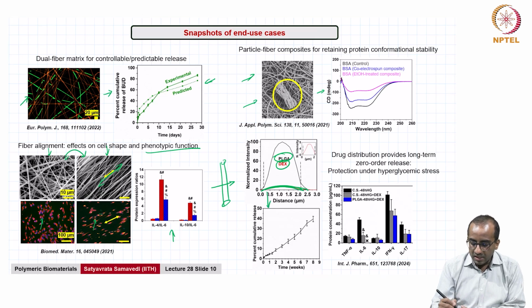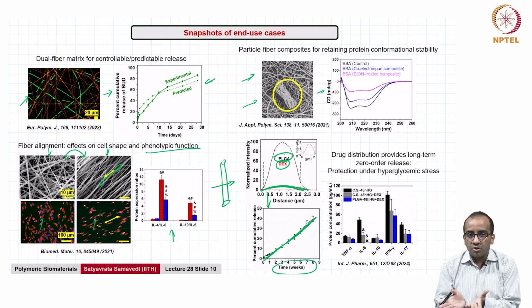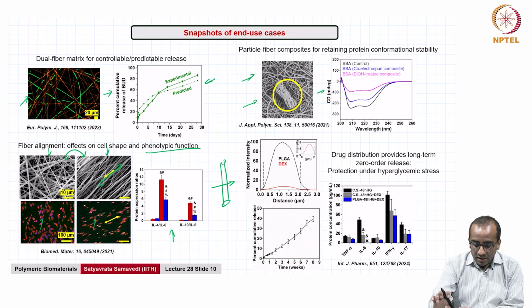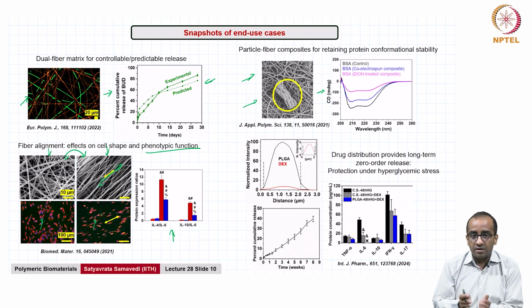So that directly leads to very slow, controlled, zero order like release over several weeks, right? This is about 2 months of release, and less than 50% of the drug is released, right? So this is directly showing that the structure property relationships directly impact the function of the electrospun mesh, and in turn affects the performance, right?